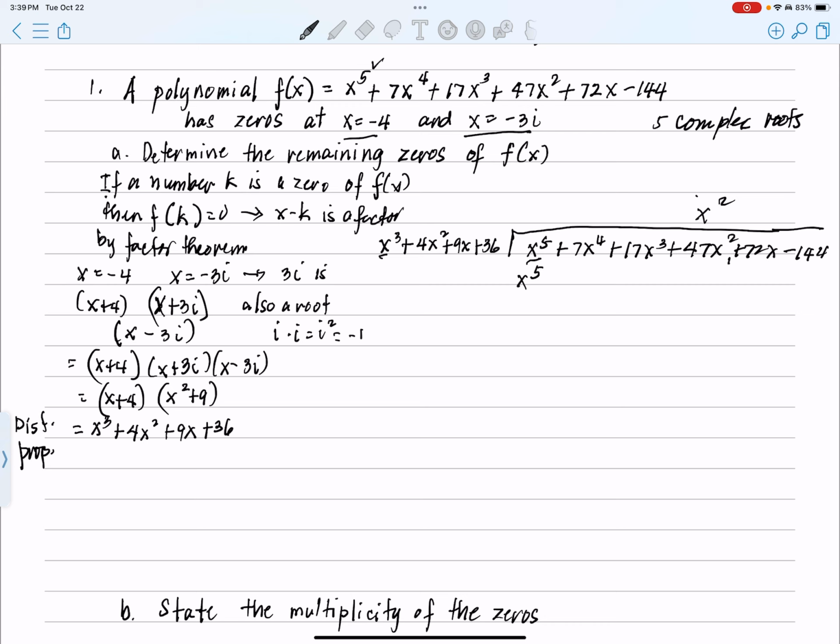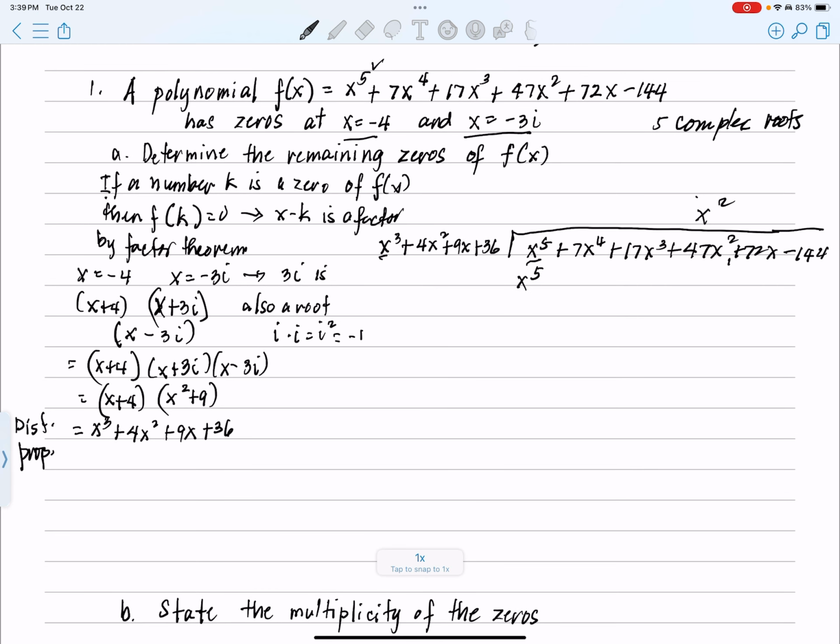We want to eliminate some terms. X squared times 4x squared is 4x to the fourth. X squared times 9x is 9x cubed. Then x squared times 36 is 36x squared.